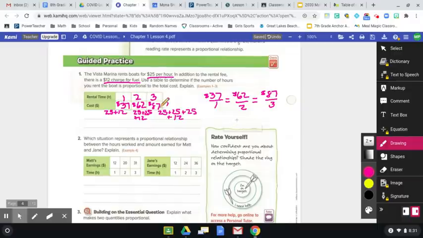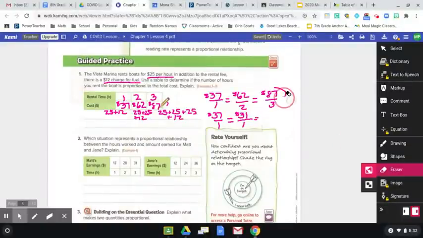So here's where your calculator comes in handy again. Remember, you're going to divide these out and see if they're equivalent. Well, 37 over 1. That's still 37 over 1, or 37. If we divide out the 62 divided by 2, and you can check in your calculator here, you should be seeing if you divide those two out, it's $31 for 1 hour. Okay, 87 divided by 3.